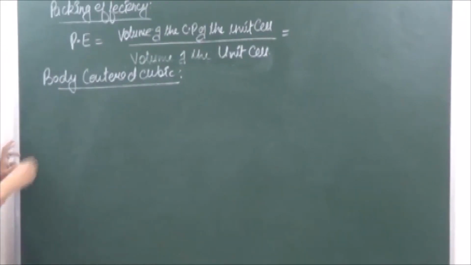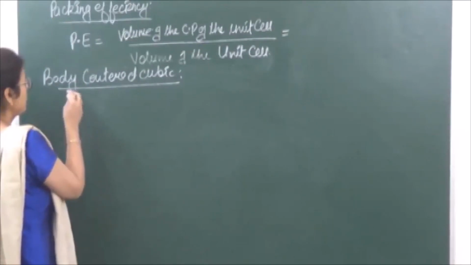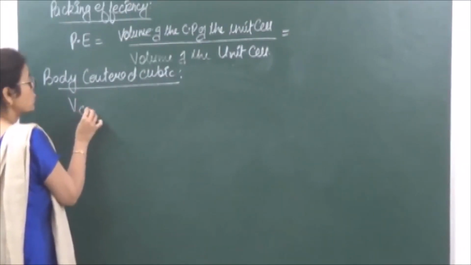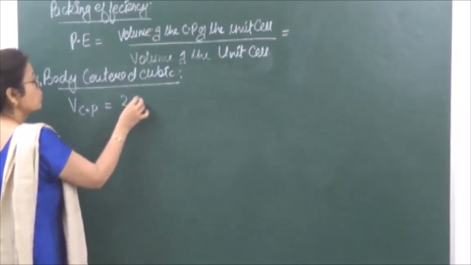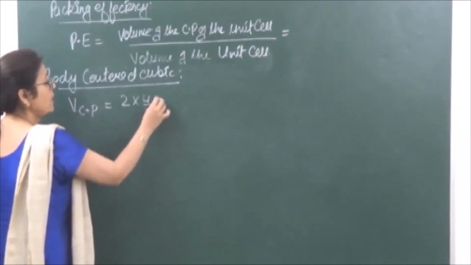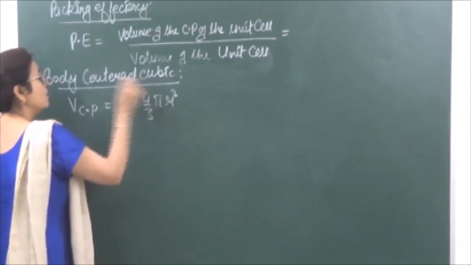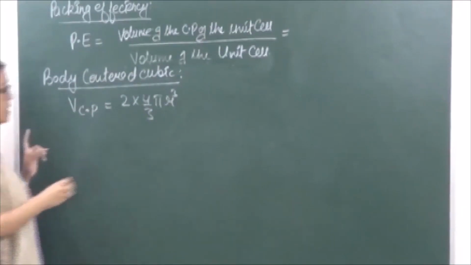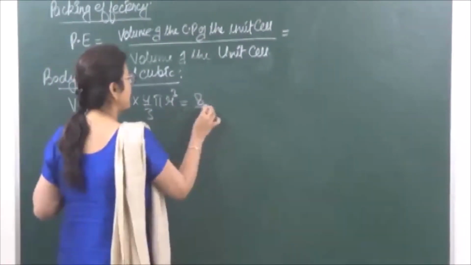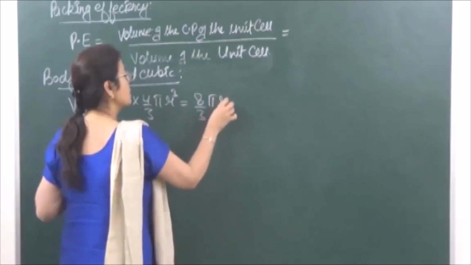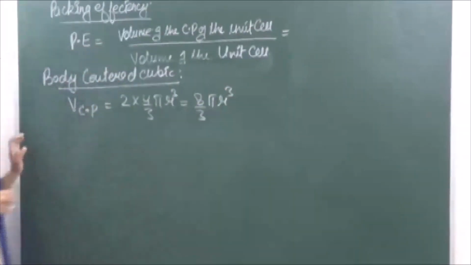So in body-centered cubic, let's calculate the volume of constituent particles, which is equal to 2 into 4 by 3 pi r cube, is equal to 8 by 3 pi r cube. This is the volume of the constituent particles.